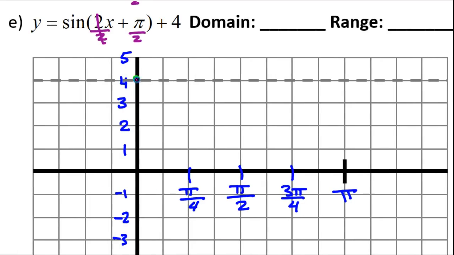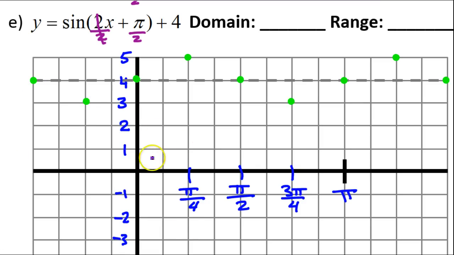So the sine function will start at the midline and go up, and then back to the midline, and then down. Alright, I'm using the amplitude of 1, notice, and then I go back to the midline. So this is one period of the sine function, showing everything except for the phase shift. I'm going to go ahead and continue this pattern by going up and then back to the midline. On the left I would go down and back to the midline.